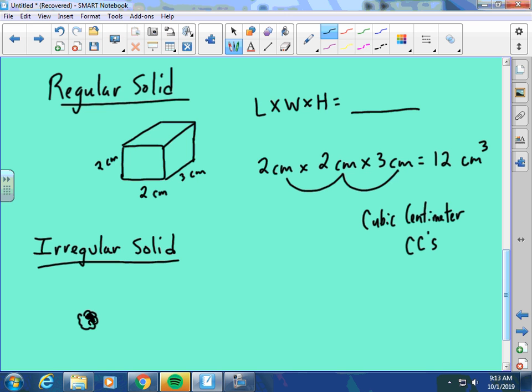This little pile of, little clump of whatever it is, okay? How am I going to find its volume? So we do this by a method called displacement. When they find the volume of car engines, if anybody likes cars, they find that volume by displacement. And this is how you do it.